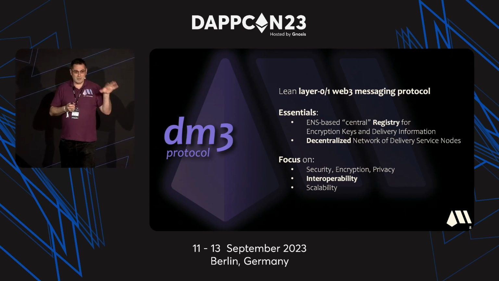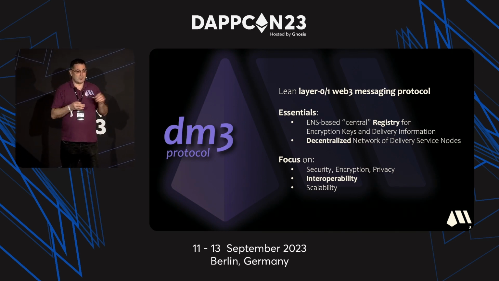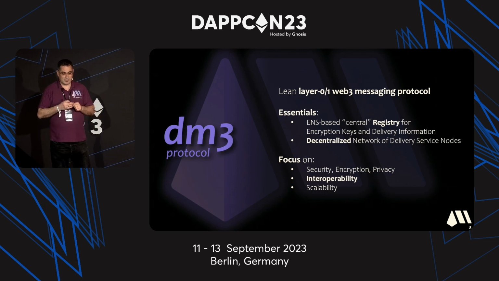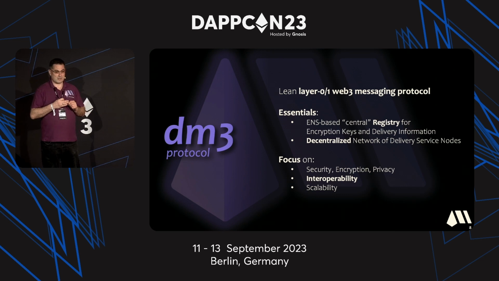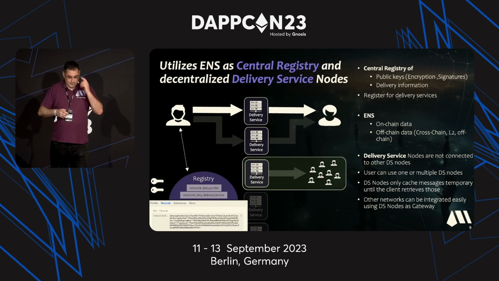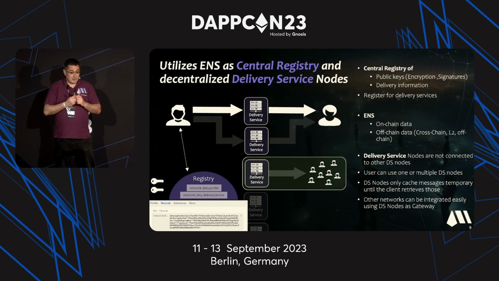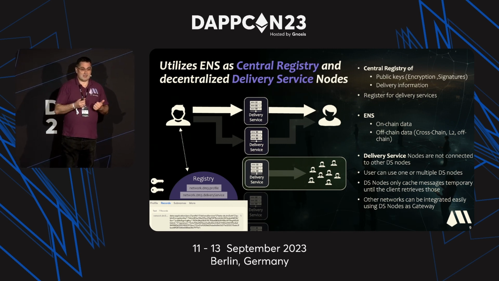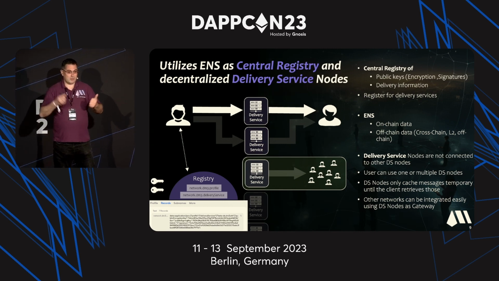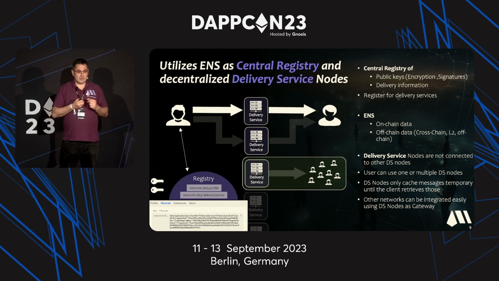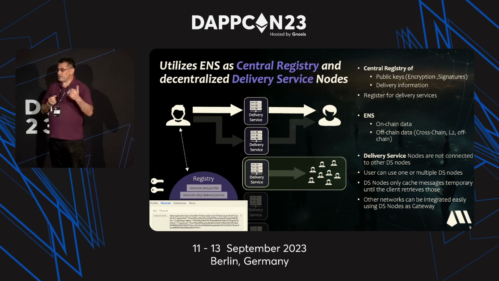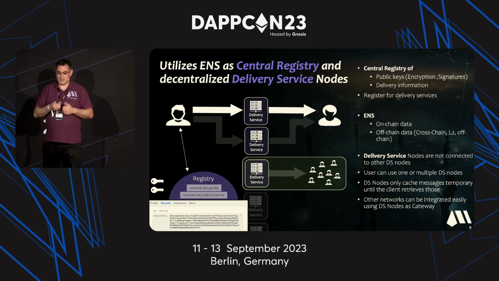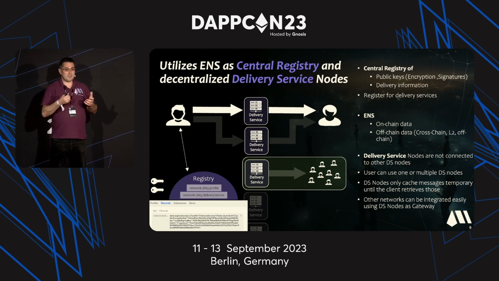As I said before, we are using ENS as the central but decentralized registry for this information, and this network of decentralized delivery service nodes. How does it work? When one user is sending a message to someone else, he looks into the registry, gets the information how to encrypt the message, gets the information how to deliver the message, and then picks one of these independent delivery services and delivers the message.